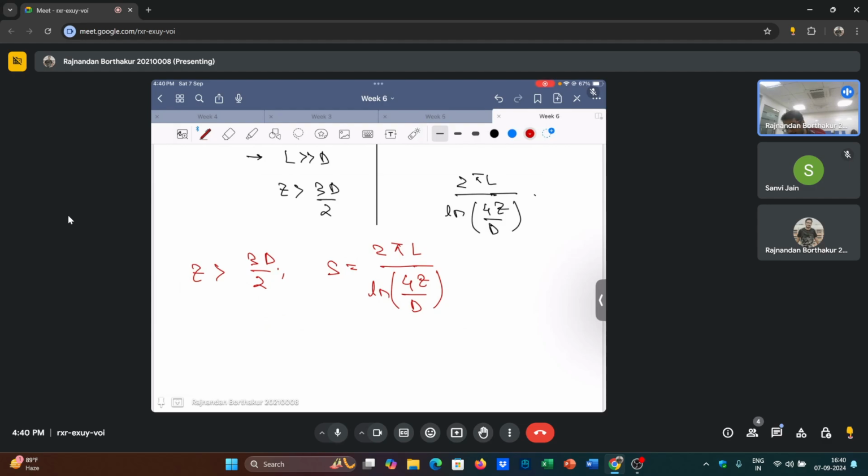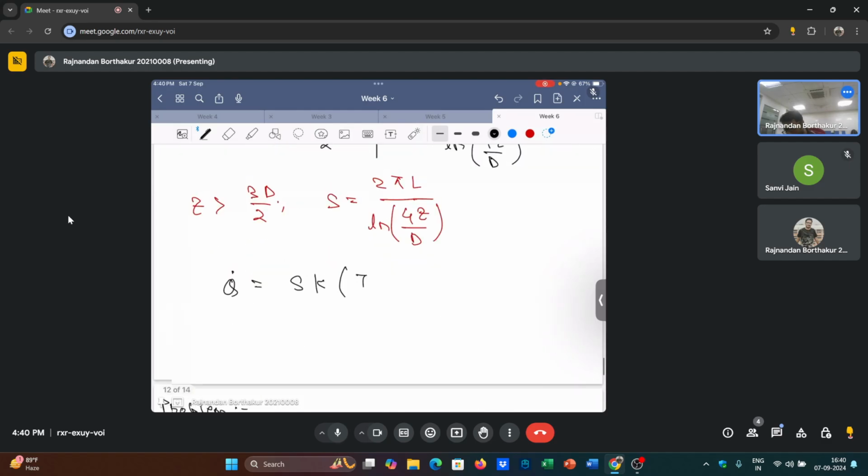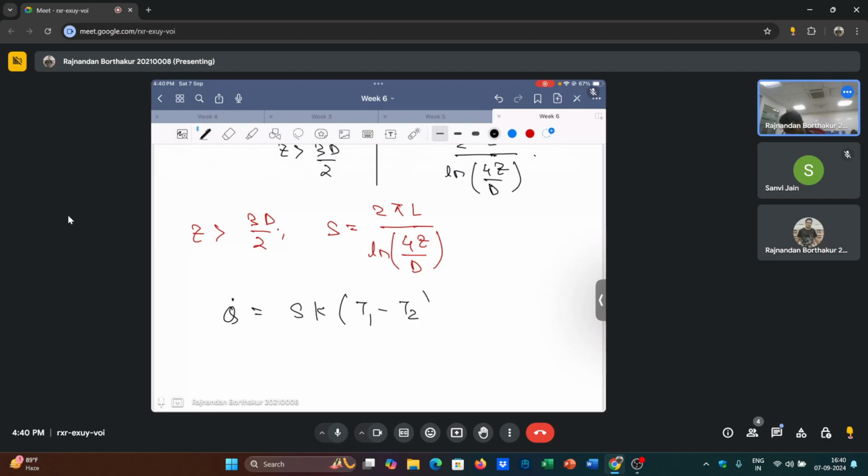So now you can easily find the rate of heat transfer. You can see how simple it is. It's just like finding the appropriate formula for the shape factor. That's it. Your rate of heat transfer would be just the shape factor times k times the temperature difference, T1 minus T2. If you substitute the value of S here, this becomes 2 pi L by ln of 4z by d, times the thermal conductivity times T1 minus T2.